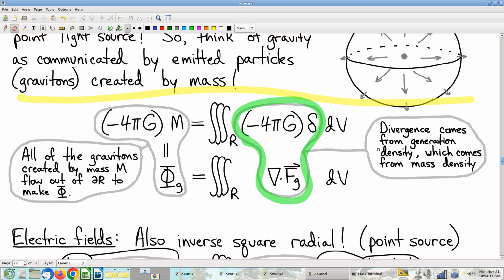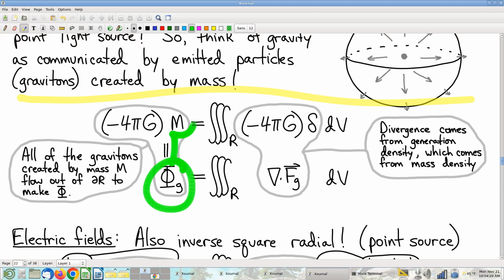Okay, you might say this differently as other than constants. Let me get the highlighter on. Other than constants, flux comes from mass. And if flux comes from mass, then flux density comes from mass density.